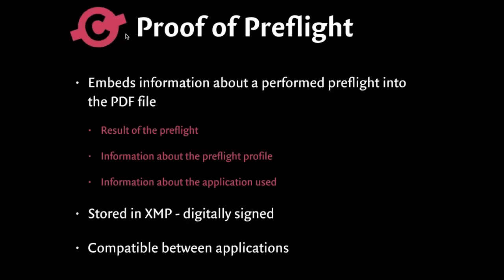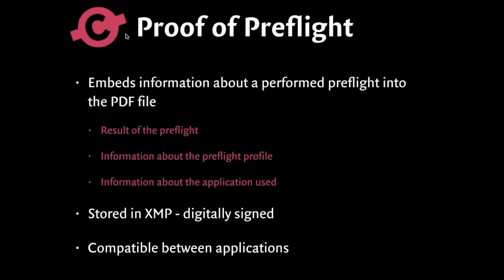Once I digitally sign the PDF, if someone then comes in with an editing tool and opens up the file in Illustrator, for example, and changes something, then the digital signature will be broken, and any tool that is proof of preflight compliant will be able to tell me that, yes, this file might have been preflighted, but since then someone changed it.